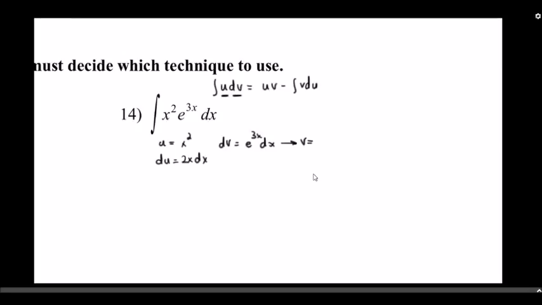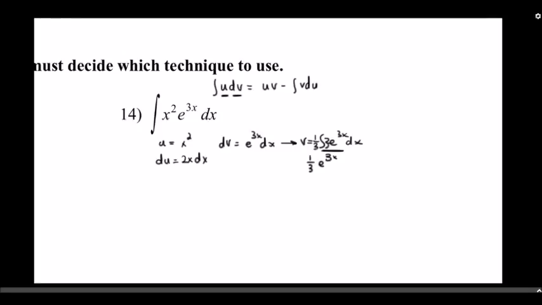Now we can only find this antiderivative of e to the 3x if there's a 3 there, which means there has to be a 1/3 here. So the antiderivative is 1/3, and the antiderivative of 3e to the 3x is just e to the 3x. So there's your value for v. We've got our value for dv, and we have our values for u and du here.